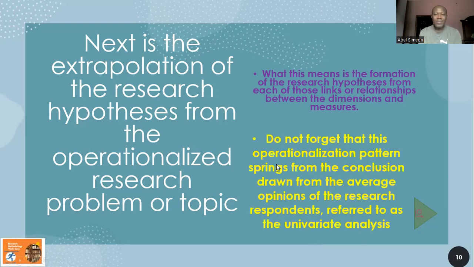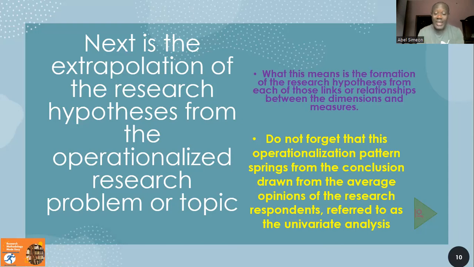Next, please do not forget that the operationalized pattern springs from the conclusion drawn from the average opinions of the research respondents, which is referred to as the univariate analysis. I told you that there are two ways of extrapolating the research hypothesis. One is the conclusion which you drew from the responses of the research respondents.